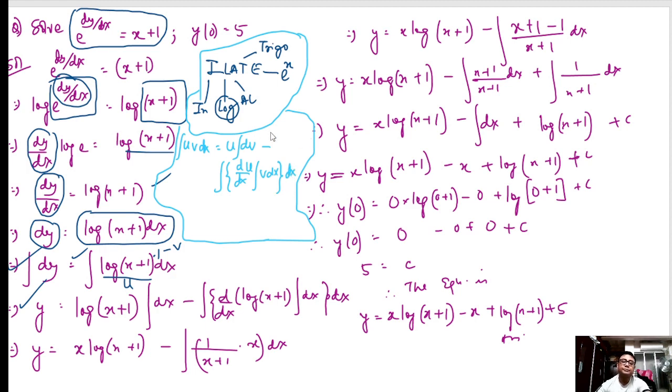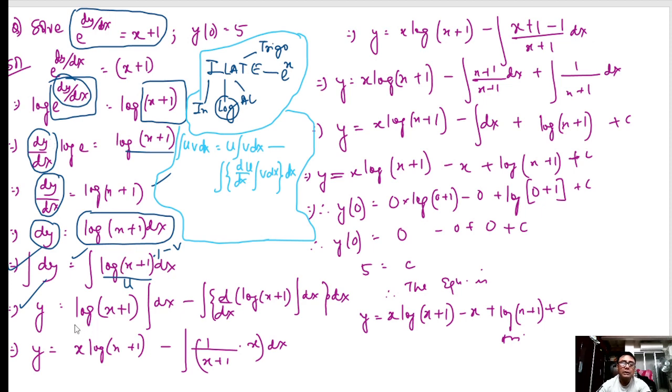Clear? So this is the formula, and minus is there. So my u is actually log x plus 1.